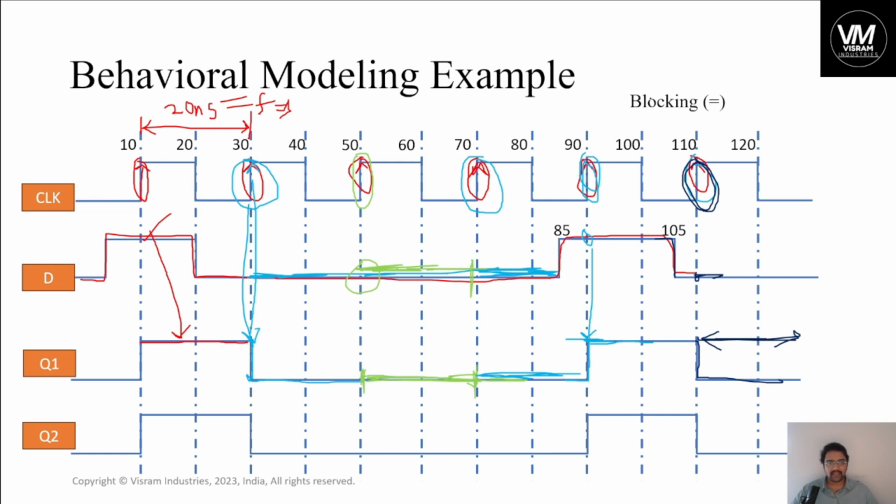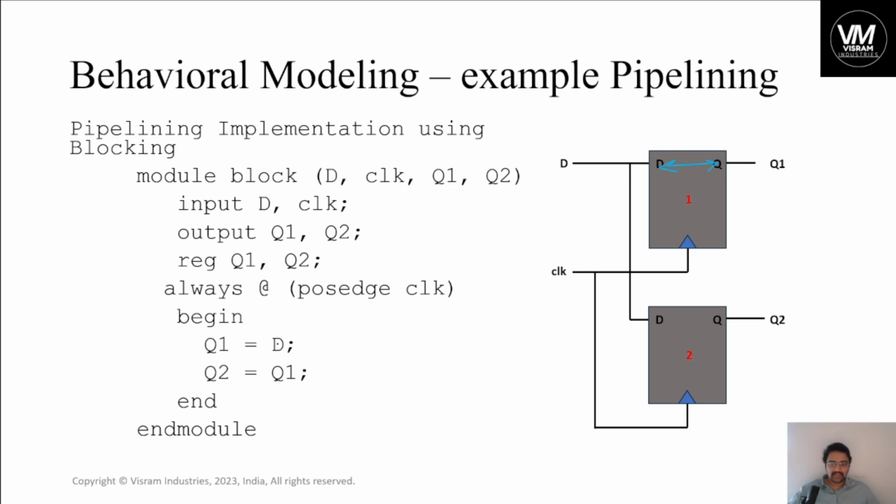Now in the blocking assignment, Q2 will be exactly the same as Q1. It is related to D as it is, but it will be synchronized with D and Q. It is not left alone. Q2 will be following whatever the D values are. It will be getting the Q as it is. So that's what the execution is called. D values will be coming here, and now Q1 is stored.